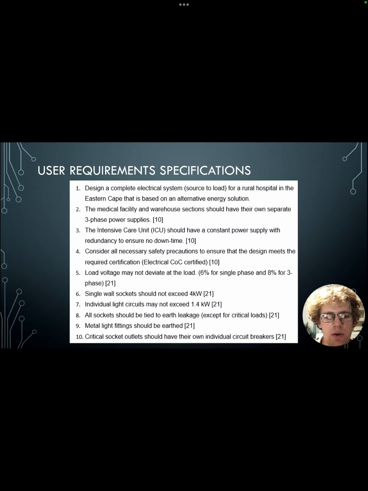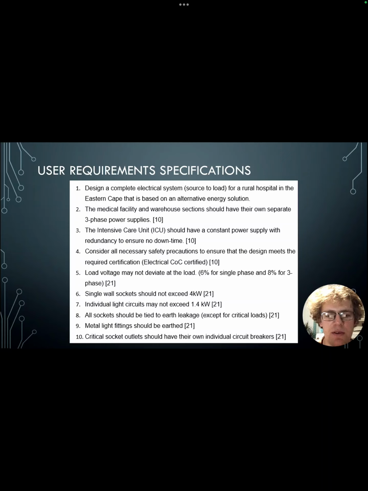Consider all necessary safety precautions to ensure that the design meets the required certification. So the SANS standards were used in this project and investigated to a certain extent to ensure that at least a single line diagram and the layout and placement of fuses and safety junction boxes were in the right location, and that the system would adhere to national standards in South Africa.